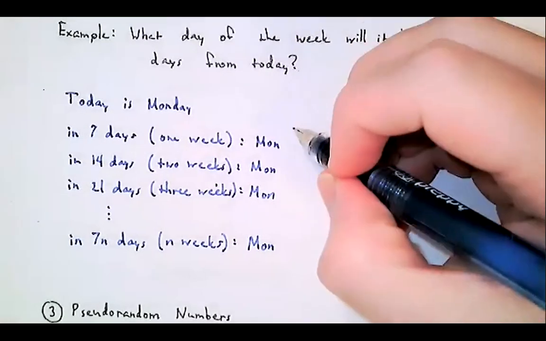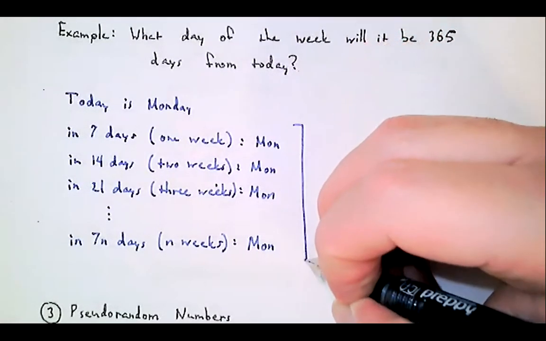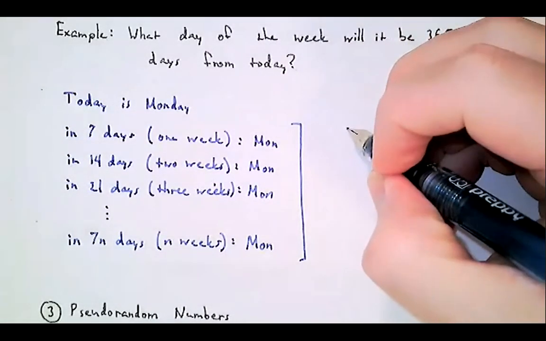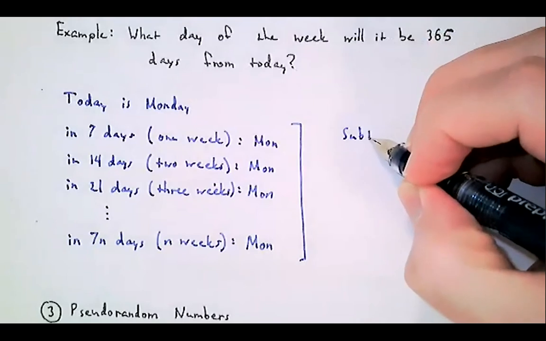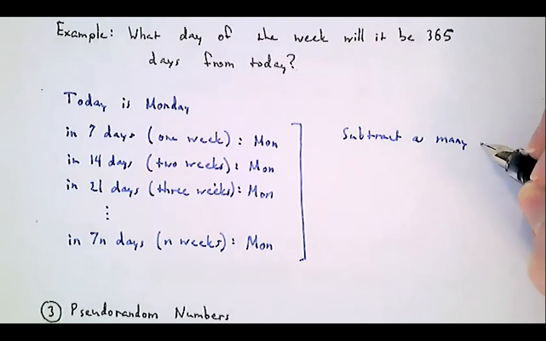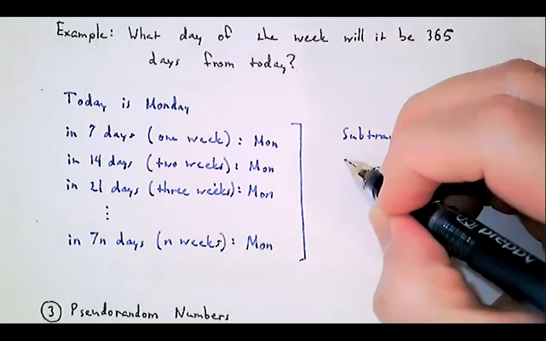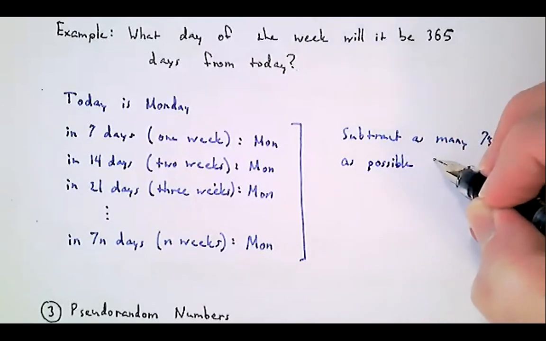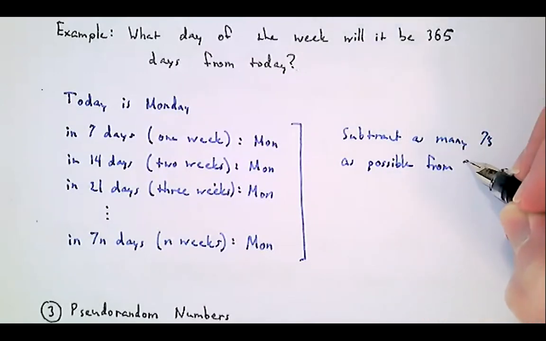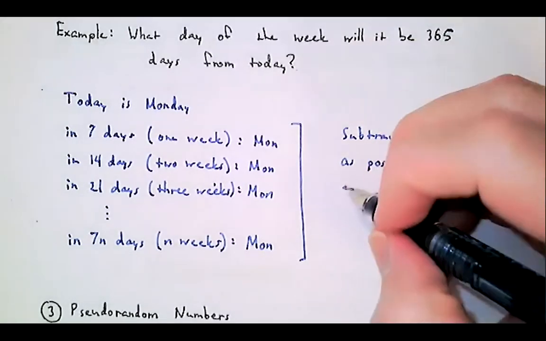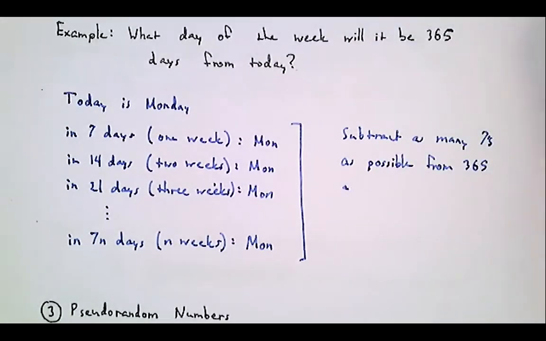So if we can subtract as many 7s as possible from 365, we can simplify the problem. And then we can use what's left over. That's otherwise known as the remainder.